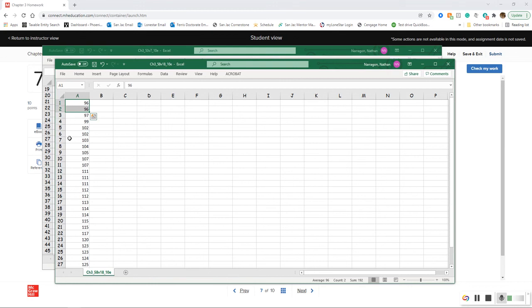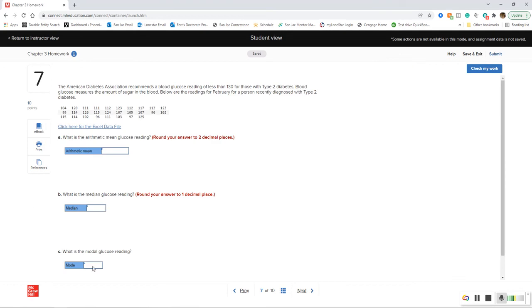So I'm looking for anything above 2. Looks like we got 3 111s for us. So now it's looking for anything that has 3 of a kind. Nope, don't have 3 of a kind, so 111 would have been my mode.